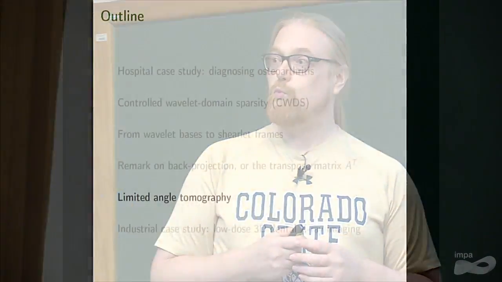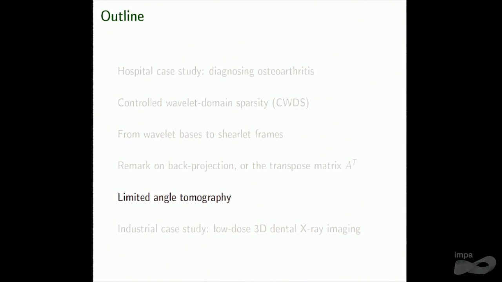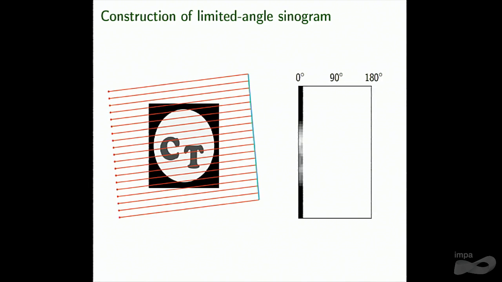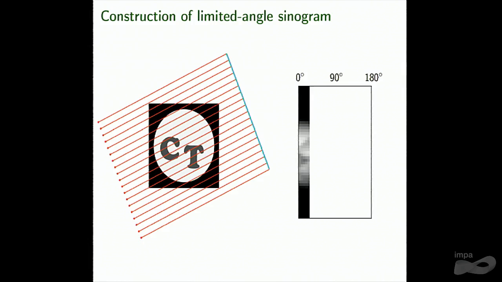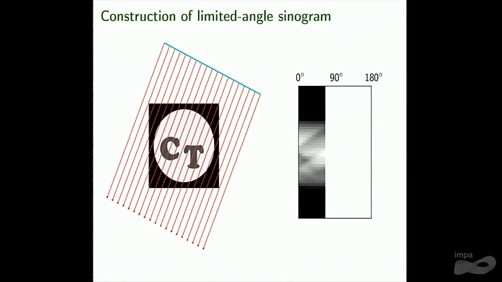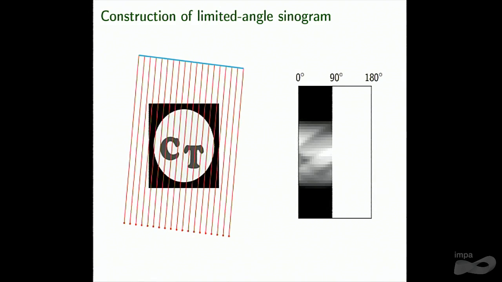And now I would like to tell you a little bit why limited angle tomography is an even more ill-posed inverse problem than full angle tomography. Limited angle tomography means this: like before, we are collecting this sinogram with the sparse angle approach, but now, for some reason, we cannot go on.